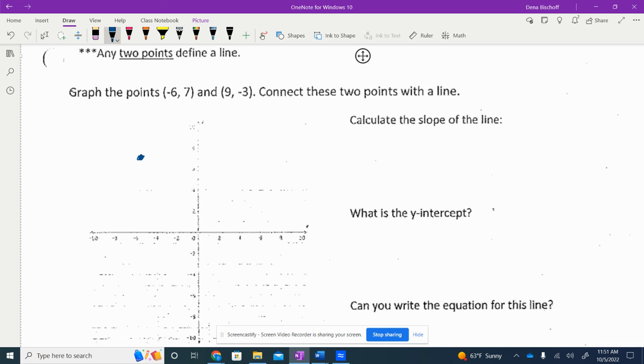Should be about right here. I know you guys can't see the grid lines in there. It's just a bad picture. And then I'm going to graph the ordered pair 9, -3: 2, 4, 6, 8, 9, down 1, 2, 3. And then if there was a fabulous line tool, because I really can't draw a straight line on this. So we're going to connect our 2 points with a nice straight line.